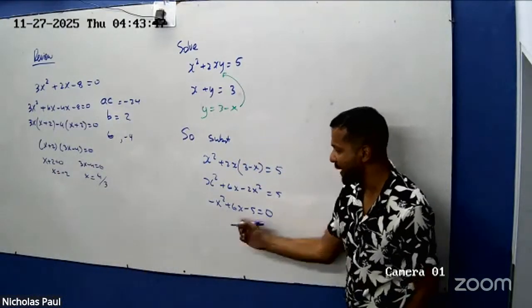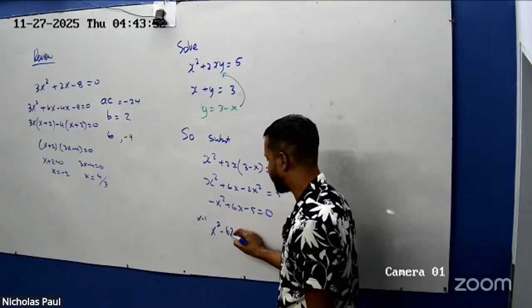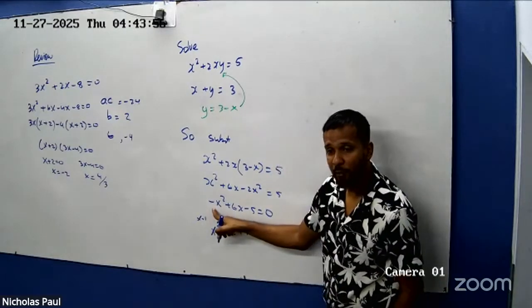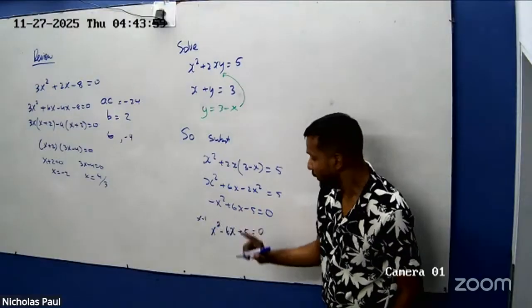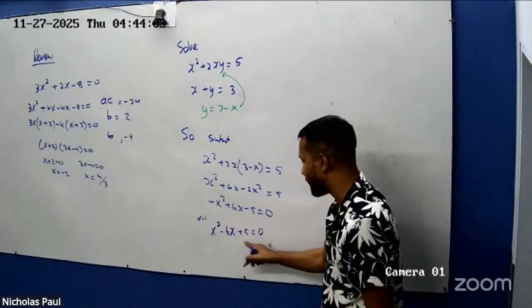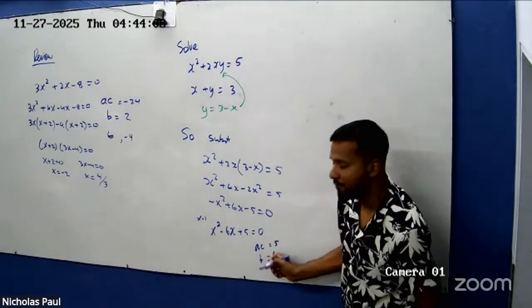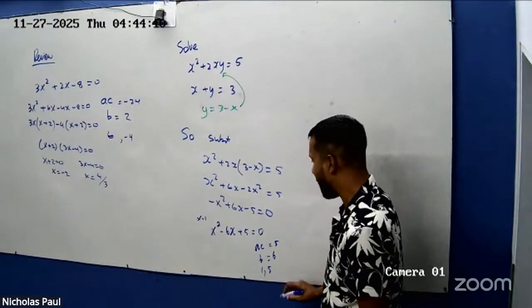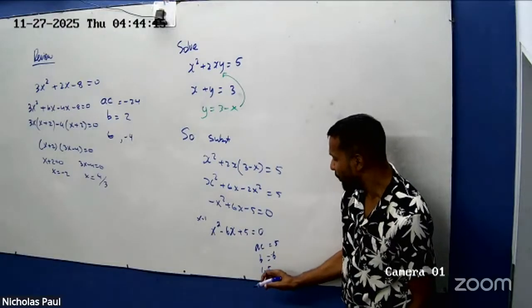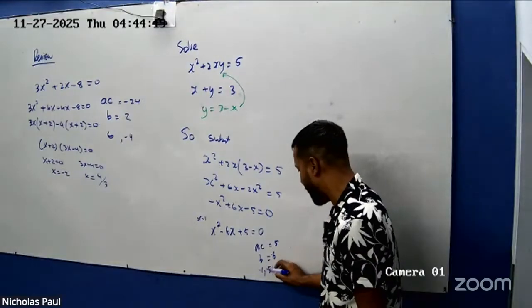I don't like the minus sign there, so I am multiplying everything by a minus. So let's factorize it now. A by C is what? And B is 6. Two numbers when multiplied will give you 5, and when added, will be minus 1 minus 5.